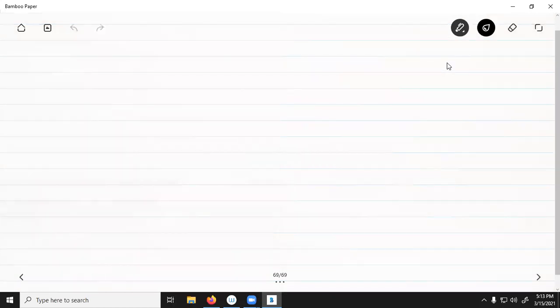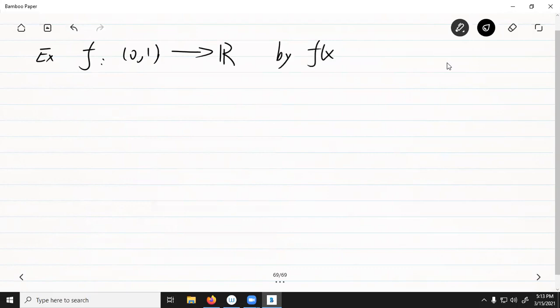Another example, a similar one. f is also from (0, 1) to the real numbers, by f of x equals 1 over x, right?